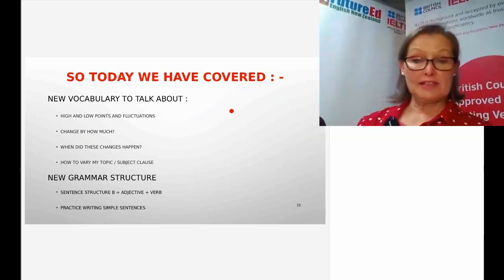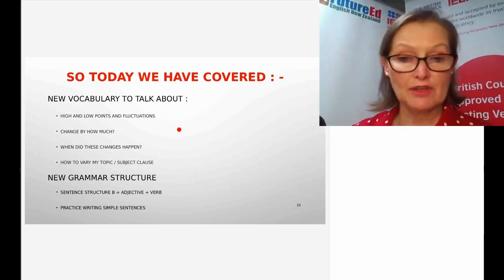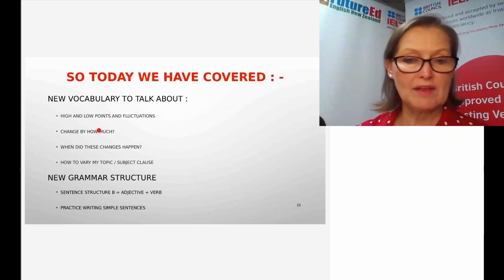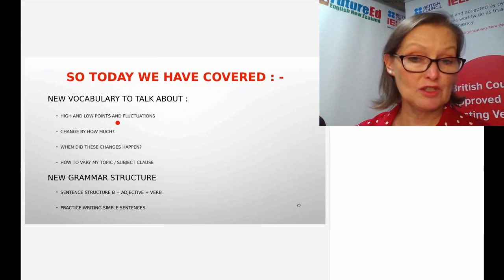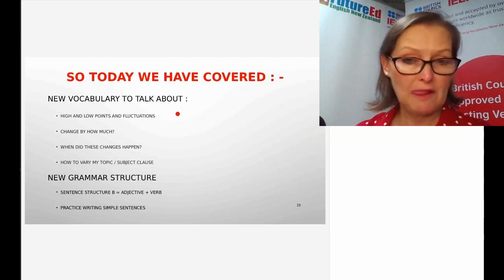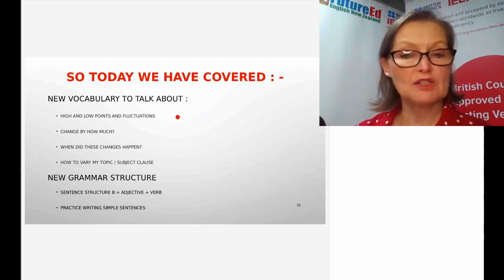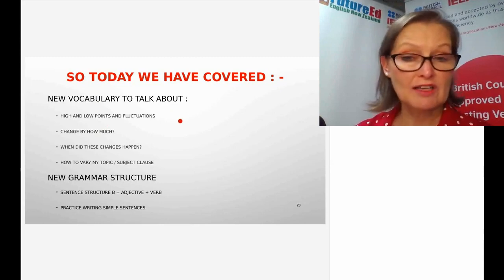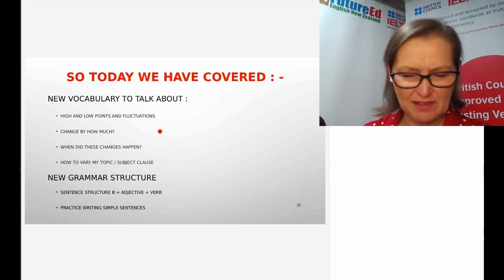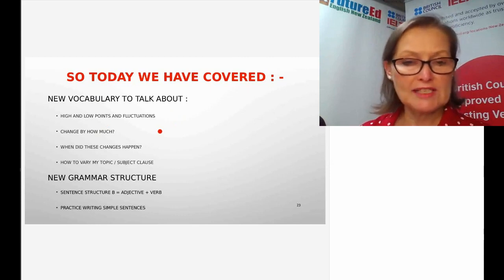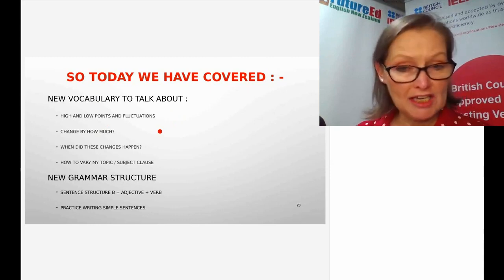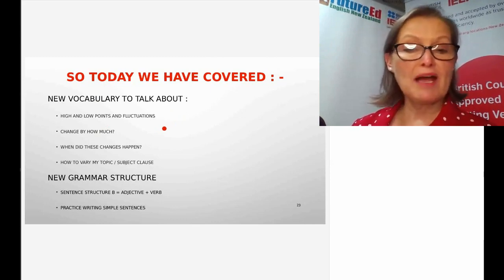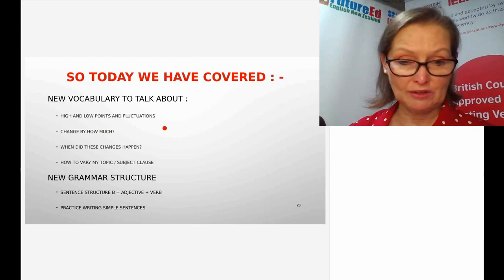So today in lesson 2, we've covered new vocabulary to talk about high and low points. That's reaching a peak, reaching a trough, or hitting a trough. And we've spoken about how to talk about fluctuations. Fluctuate up, fluctuate down, fluctuate around. We've looked at how to talk about change by talking about how much the figures have gone up or down.